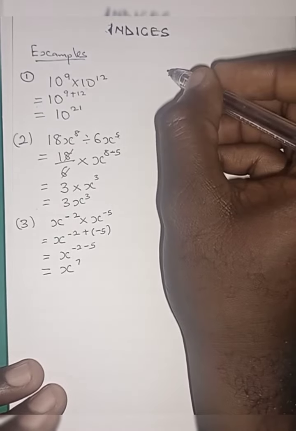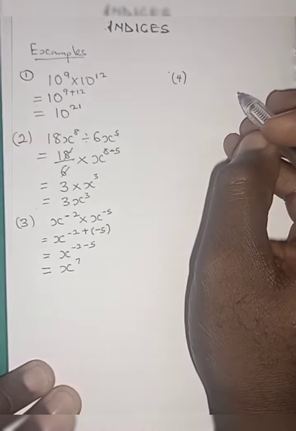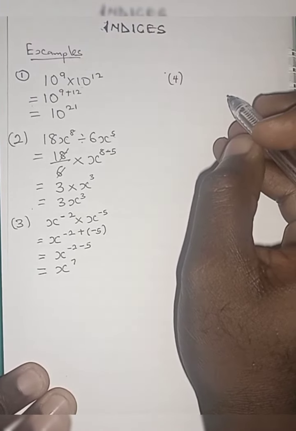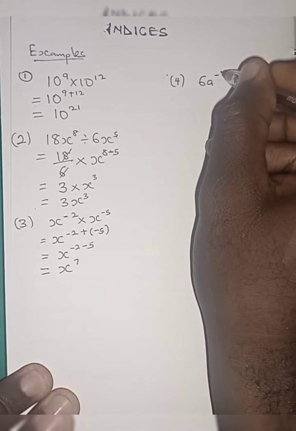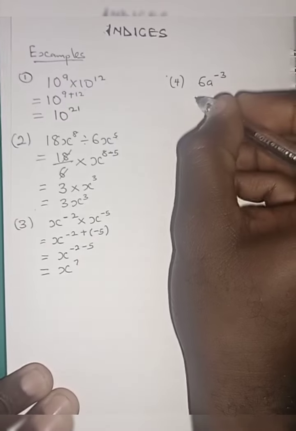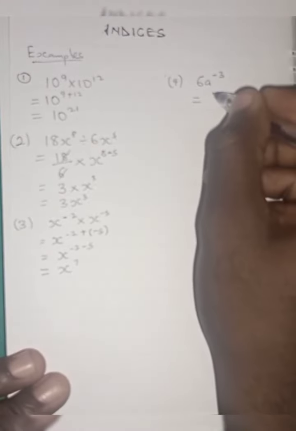Our next question is going to be 6a raised to power minus 3. So in this case, we are going to have 6 multiplied by 1 all over a raised to power 3.